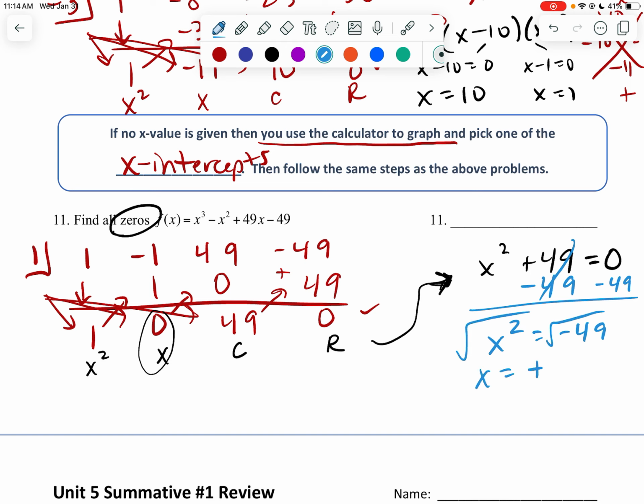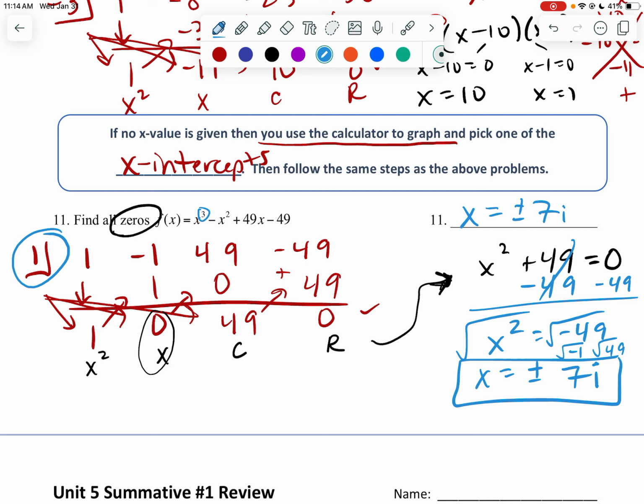Remember, when you square root, you got plus or minus. This is negative 1, which is i. Square root of 49 is 7. So you get plus minus 7i. That's 2 answers. You're supposed to have 3, so don't forget the other one is the one we got from the graph. Okay, so that kind of just puts everything together.